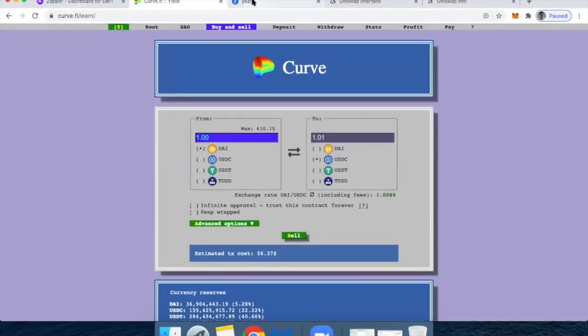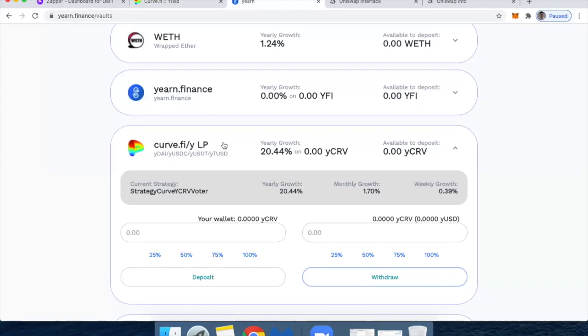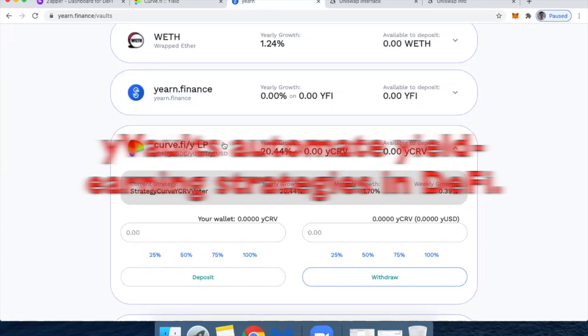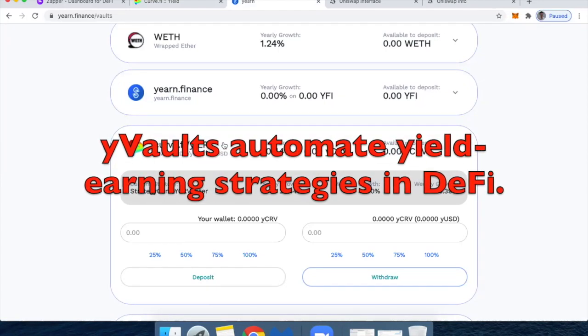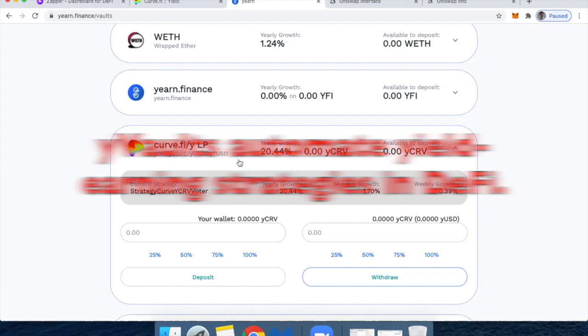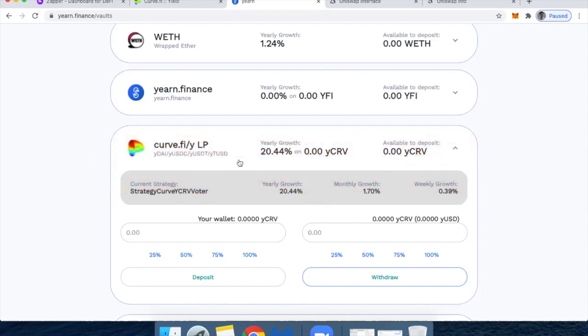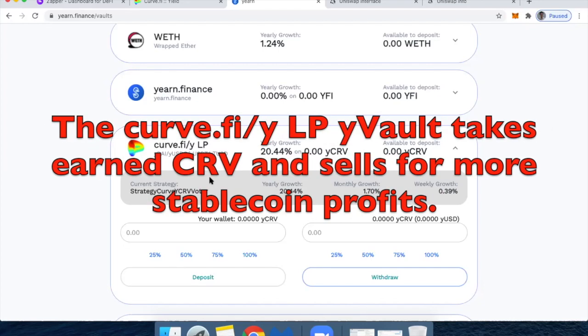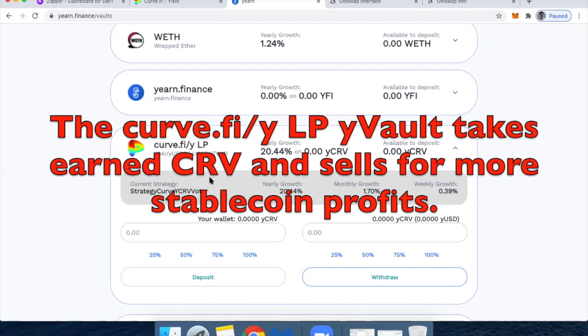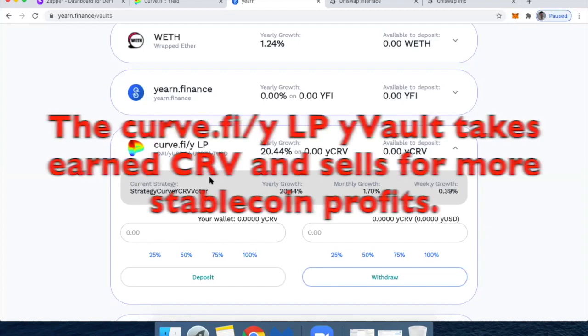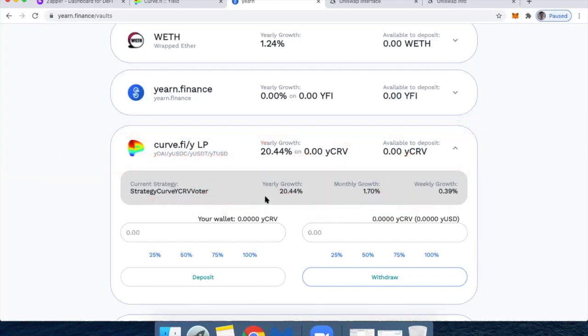But I'm also having my liquidity used to continually earn the Curve governance token, which has a selling price because it's bought and sold on dexes. What this is automating is earning that and then selling it for profit. The outcome of that is about 20.44% at this moment.